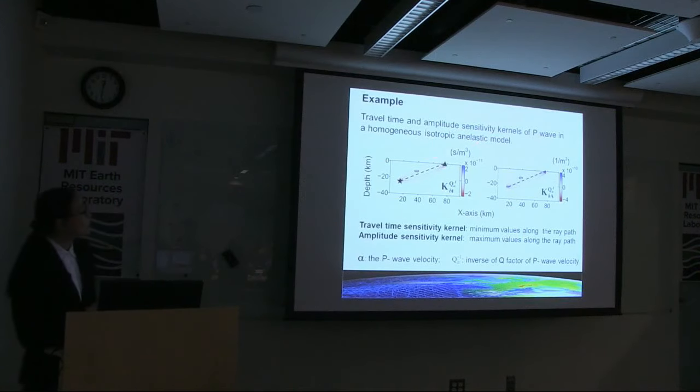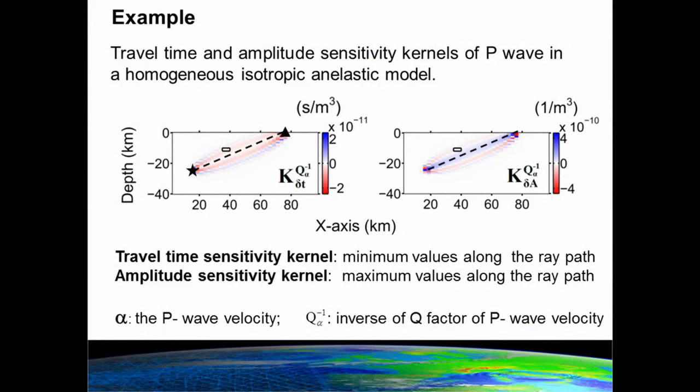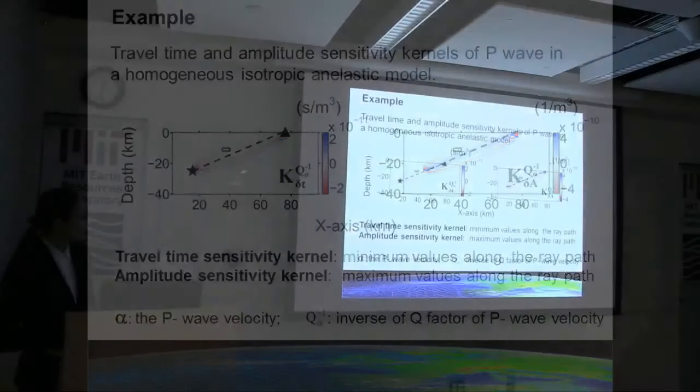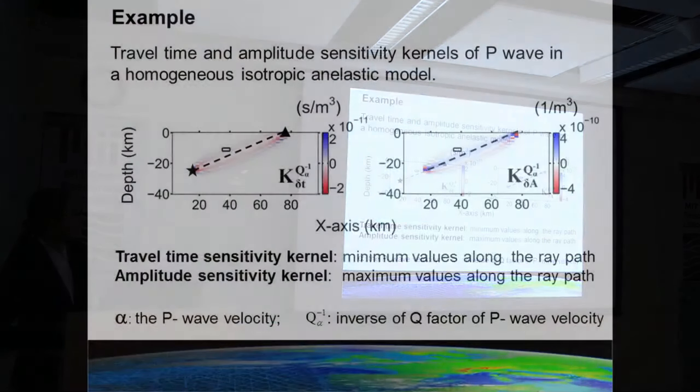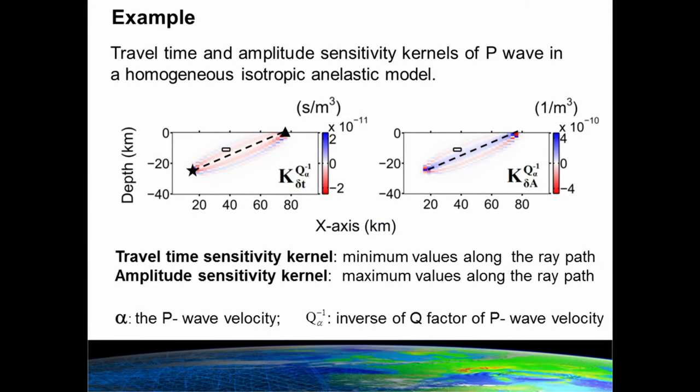So this figure shows the travel time and the amplitude sensitivity kernel of the P wave with respect to the QP factor in a homogeneous isotropic anelastic model. We notice that the travel time sensitivity kernel looks like a donut shape and has minimum values along the ray path through the source and the receiver, while the amplitude sensitivity kernel has maximum values along the ray path.